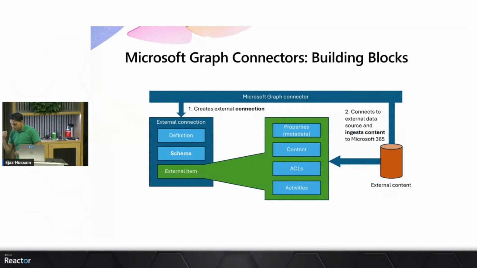Now we'll go into code in a minute, but some bits are quite important when we're creating external graph connectors. You can create a graph connector, but if you don't supply the semantic labels with it, and you do not mention ACLs, which is very, very important, activities and some metadata, the data will get ingested, but Copilot won't know that. So you don't get the intelligent experience you wanted from Copilot.